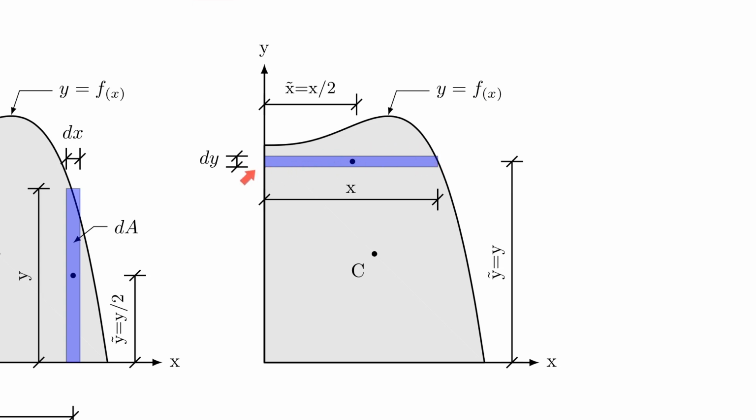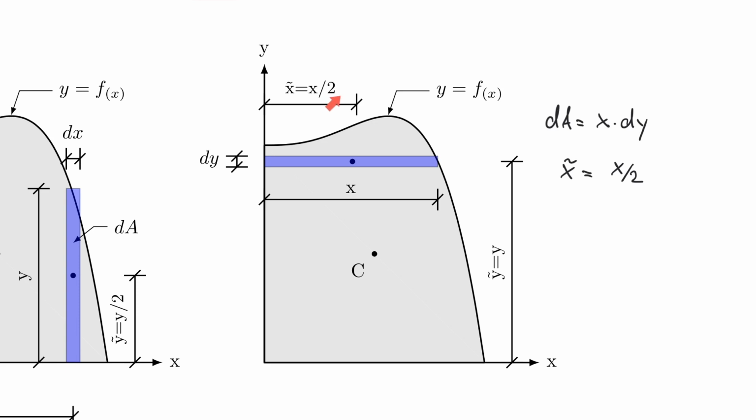Conceptually speaking, I have dy as the base, and then the height would be x, right? So in this case, my area element dA would be equal to x times dy, right? And notice that here my x tilde is given by x over 2. Let me explain that a little bit more in detail.